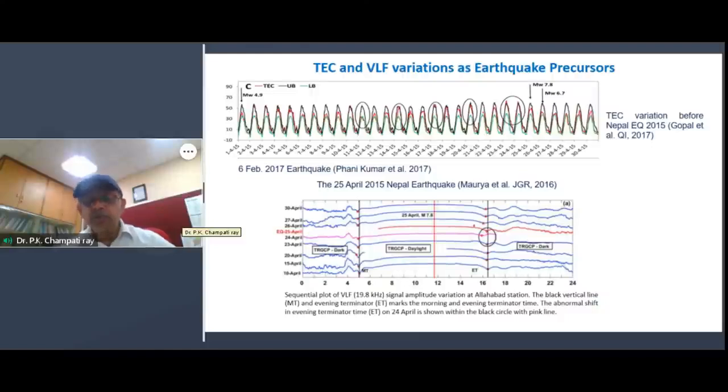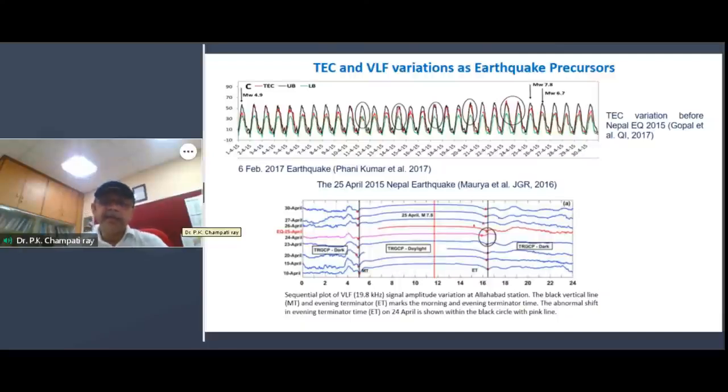That also showed some kind of variation a day prior to the earthquake. So it's not only our GNSS-based observation. Other people have also reported similar electromagnetic wave propagation variation prior to an earthquake.